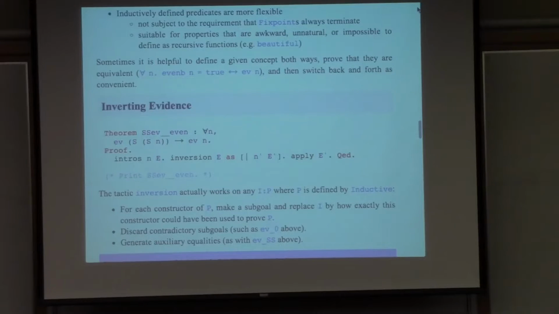So canonical forms lemmas usually get, that term usually gets applied to a slightly different kind of lemma. It's a similar thing, but it's a little bit more than just look at the ways that this could have been built. It's knowing something about the, well, let's see.